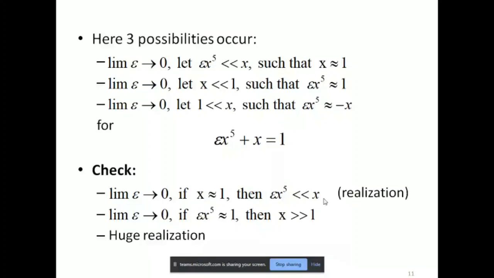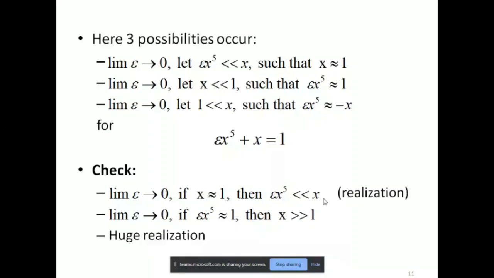The second case is, when epsilon tends to 0, I can throw away x such that epsilon x to the power 5 is asymptotic to 1. And the third case, when epsilon tends to 0, I can throw away 1 so that epsilon x to the 5 becomes asymptotic to -1. So we get these 3 possibilities, but we don't know which one will be correct. So we need to check them.